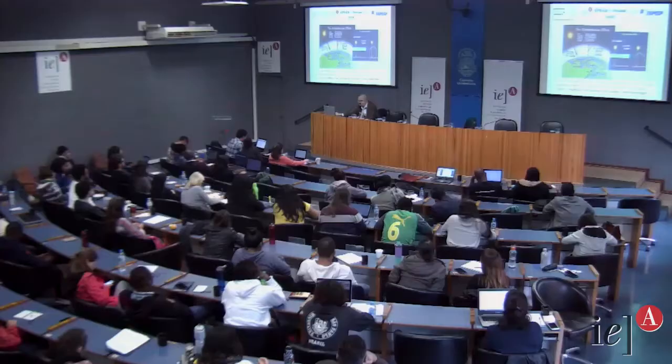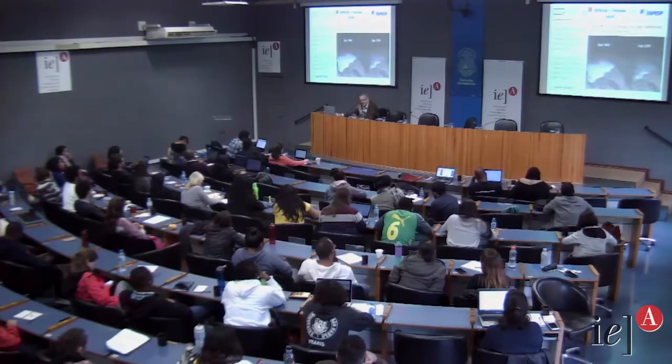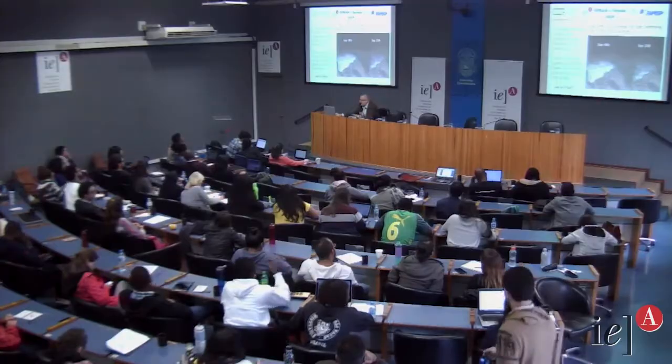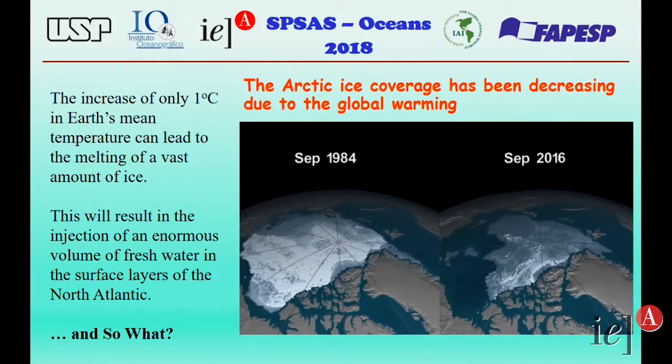I'm going to show you the animation. Probably the animation is going to be much clearer than what I'm trying to say. And then eventually I come back to the word. But look at this. This is the distribution of ice in the Arctic region in 1984 and in 2016.